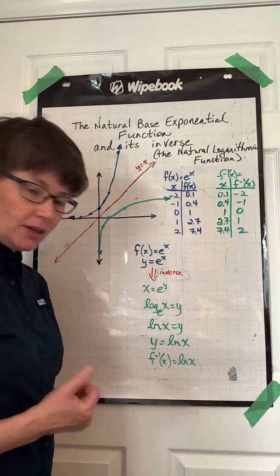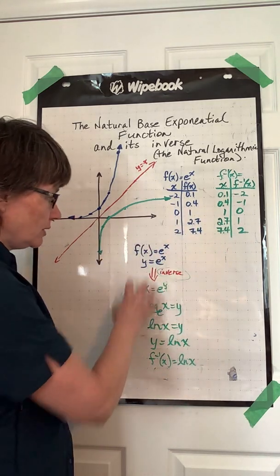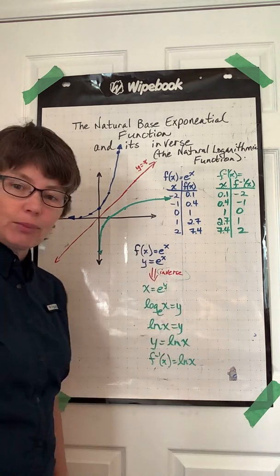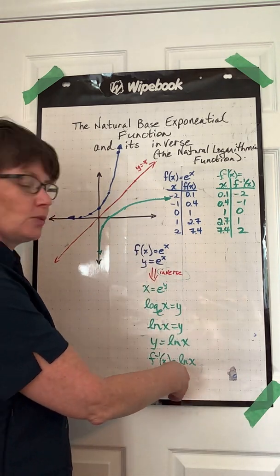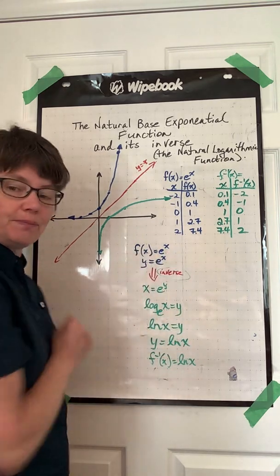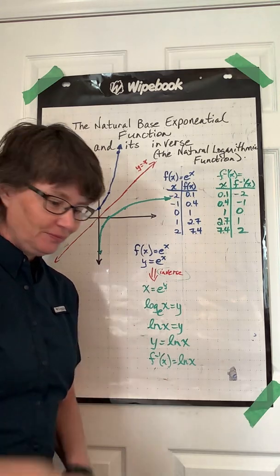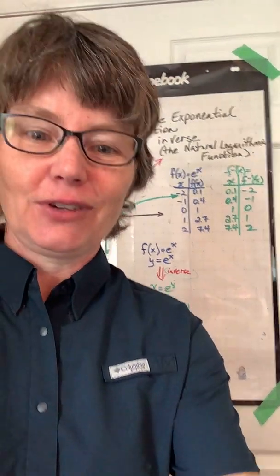If we started with a logarithmic function and wanted to find its inverse, we could do this process backwards. Okay, we would be starting with this function, switch the x's and y's, rearrange into an exponent function, we'd end up with e to the power of x. So e to the power of x and ln x are inverse functions of each other.